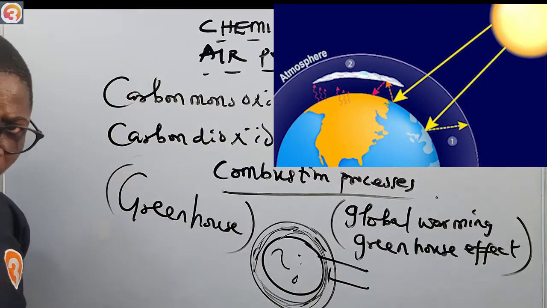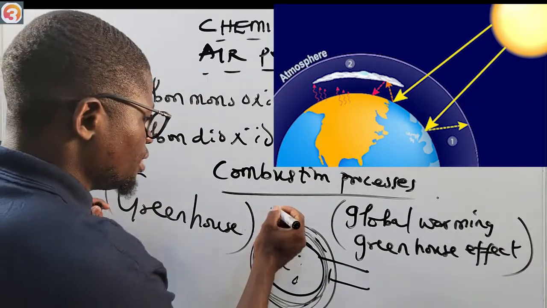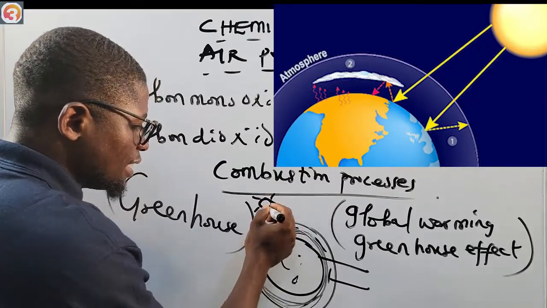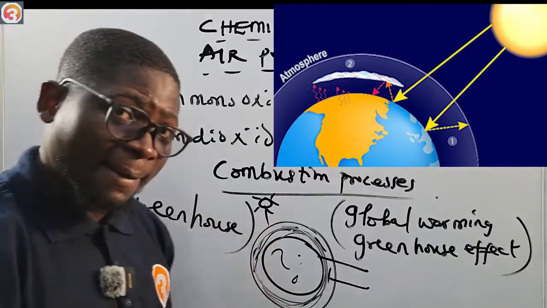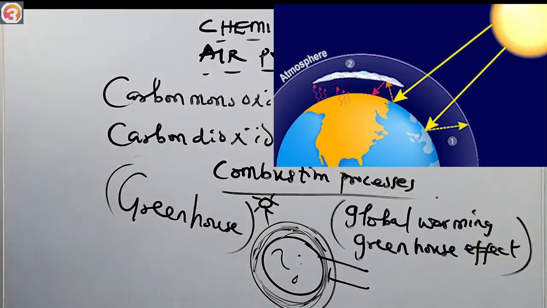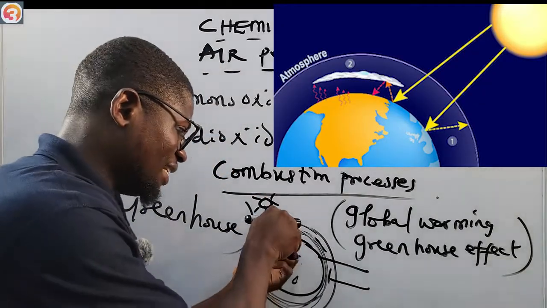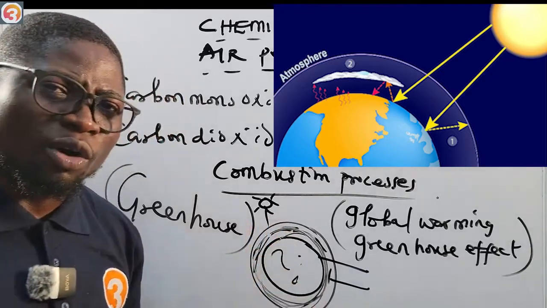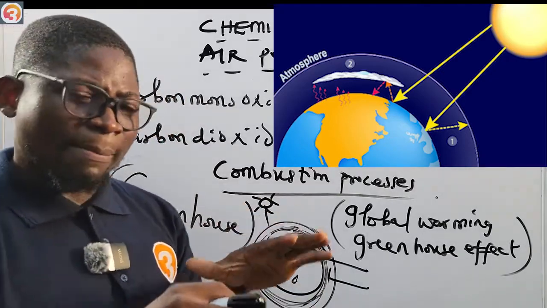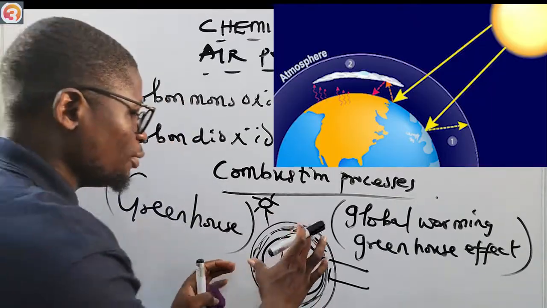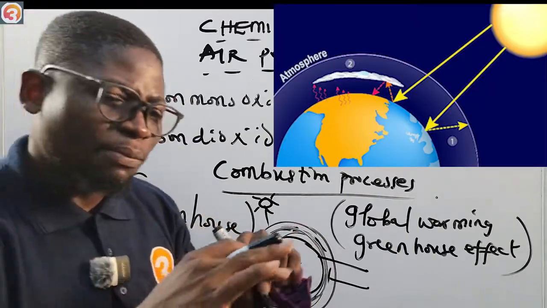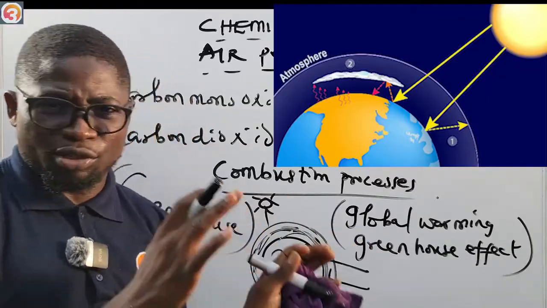So now, let's say this is the sun. When it hits this atmosphere, you see that during the day everywhere is hot. Once it hits this atmosphere, some of the heat is retained by what we call greenhouse gases. There are some greenhouse gases that retain some of that heat to keep everywhere warm, just like we saw in the plant.